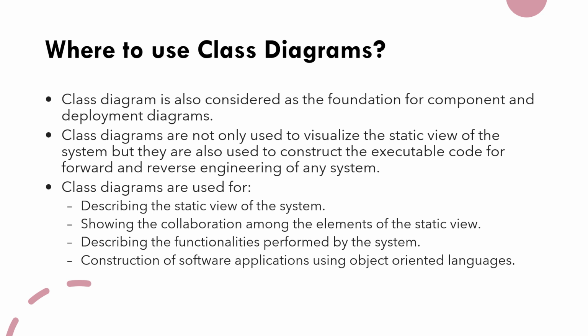Of course, it describes the static view of any system you want to show, and it shows the collaboration among the elements of the static view. We also describe the functionality performed by the system, and the construction of software applications using object-oriented languages.